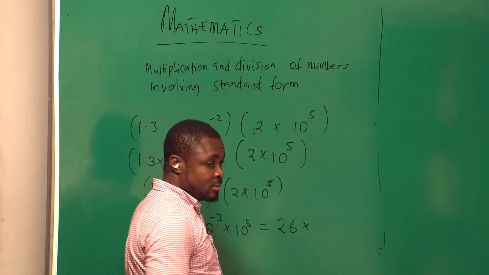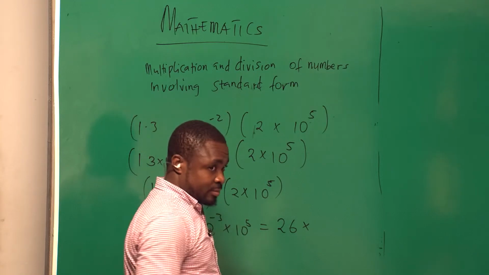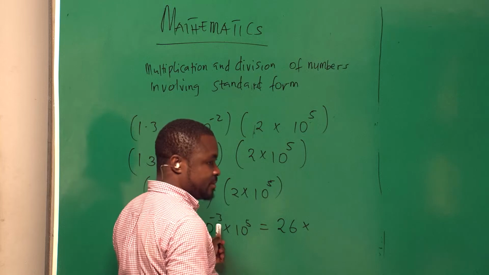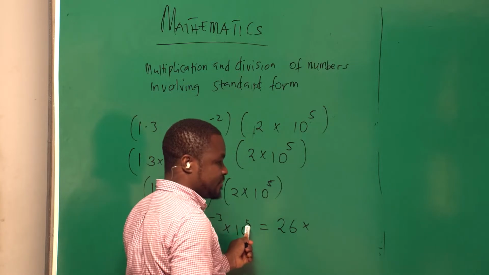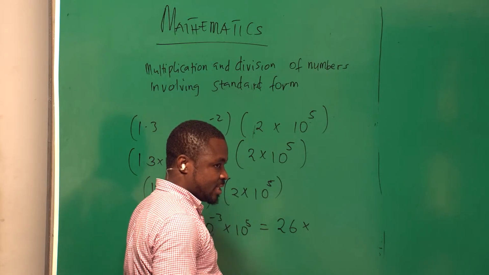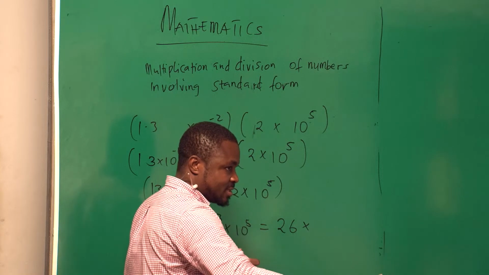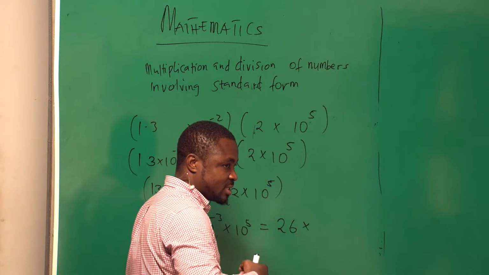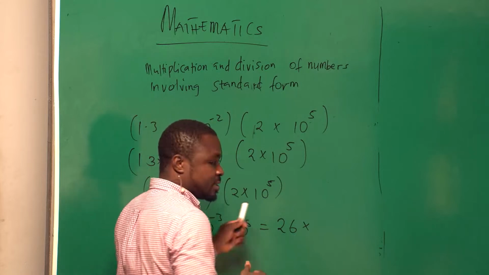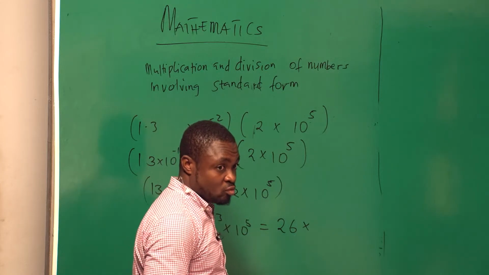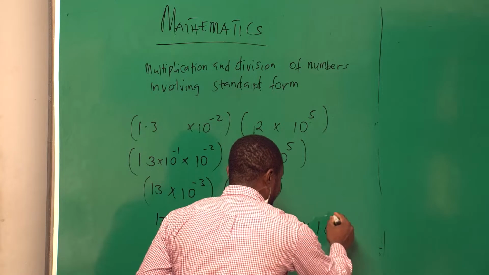And what do you get? 2. Yes. Okay? This is negative 3. This is 5, positive. It's like you owe somebody 3 cedis. You've gone to pay using 5 cedis. The person should give you back how much? 2 cedis. So negative 3 plus 5 is what? 2. So this is 10 exponent 2.